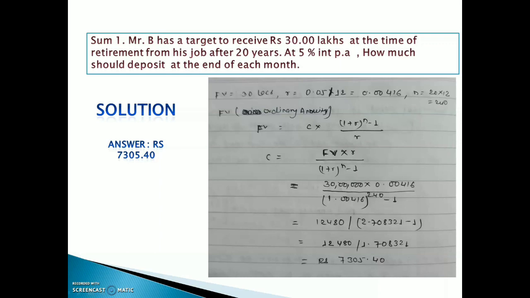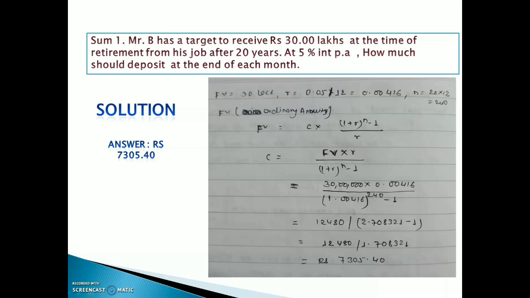Then the rate of interest will be 0.00416 and the number of cash flows will be 20 multiplied by 12, which is equal to 240. Now we will put each value accordingly as per the formula. Then we will get the result.